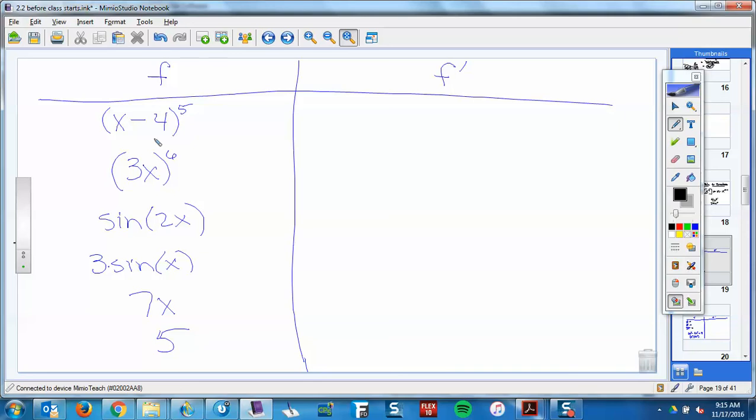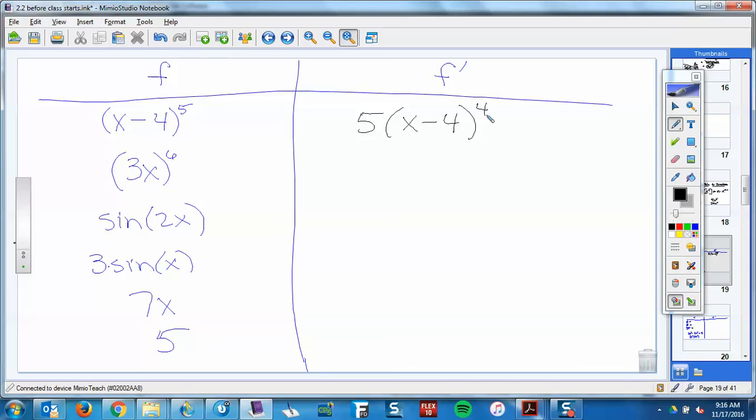So one of the rules you're going to learn when we do these derivatives is there's stuff on the inside, you always leave the inside alone. The inside will always stay there. So right here, what you're going to do is bring down the 5. You're going to leave that inside alone, and then you're going to drop that power by 1. So again, you're going to use the power rule, but if there's stuff on the inside, you're always going to leave that stuff on the inside.